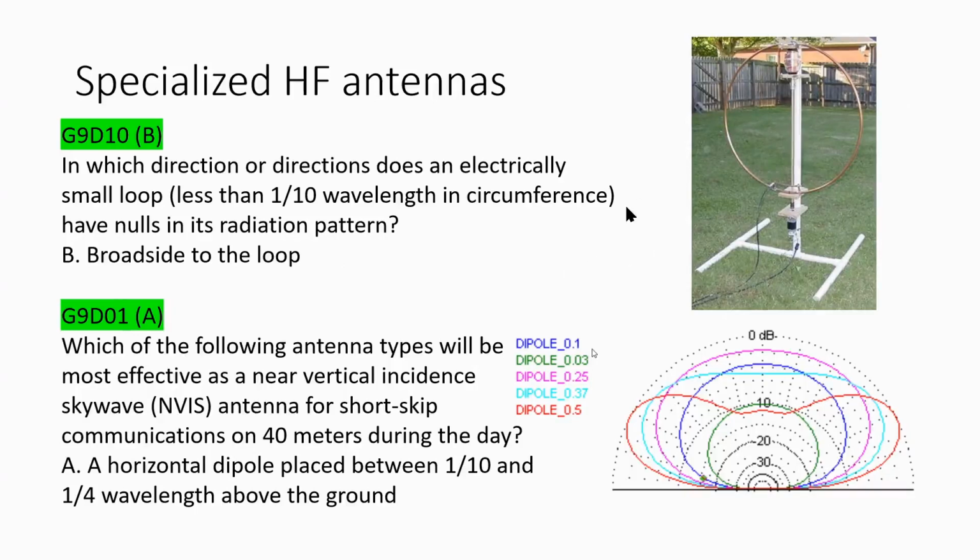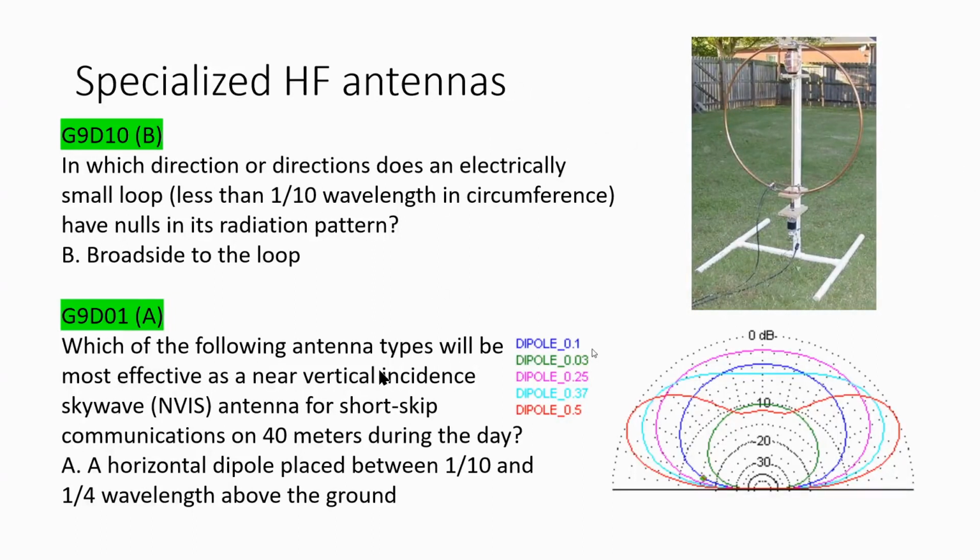I'm sorry, the way they word this question is kind of backwards. Which direction or directions does an electrically small loop, this one under a tenth of a wavelength, have nulls in its radiation pattern? And this one, the nulls are broadside to the loop. It receives in the line of the loop here. So you can use this antenna for finding signal sources in the plane of the loop.